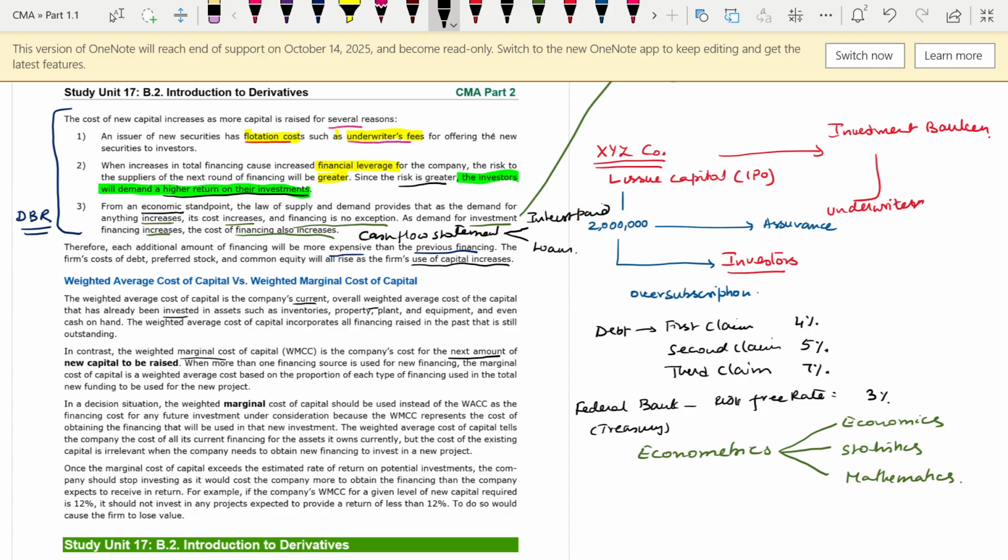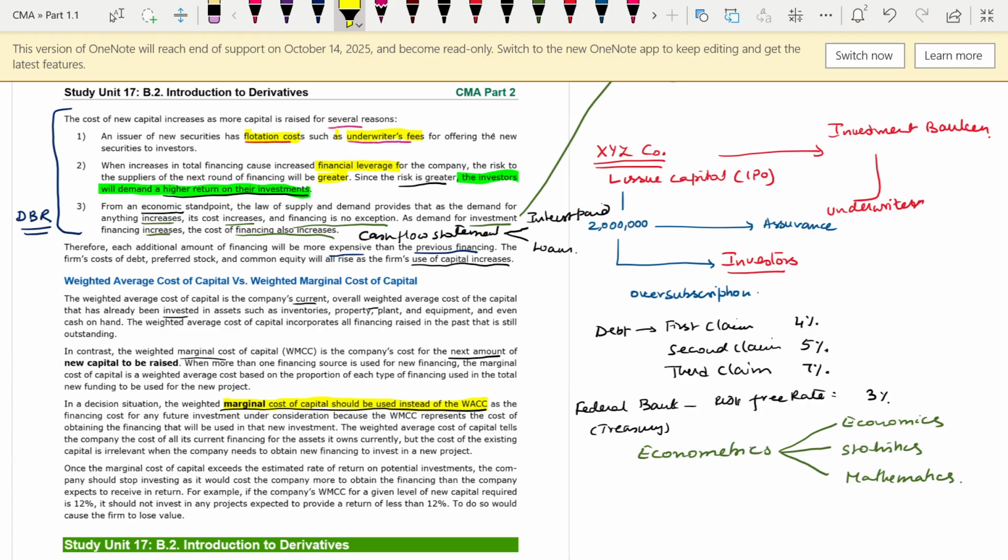The weighted average cost of capital is the past. The weighted marginal cost of capital is nothing but the cost of the new or additional capital which you are using. In a decision situation, the weighted marginal cost of capital should be used instead of the weighted average cost of capital. This is the additional knowledge you are gaining from this concept.